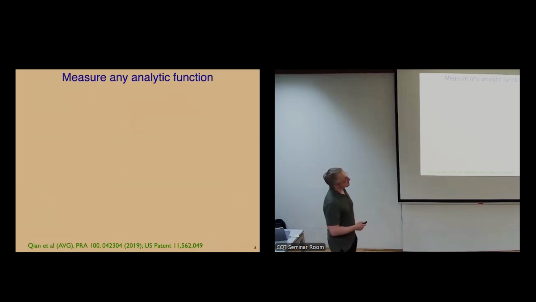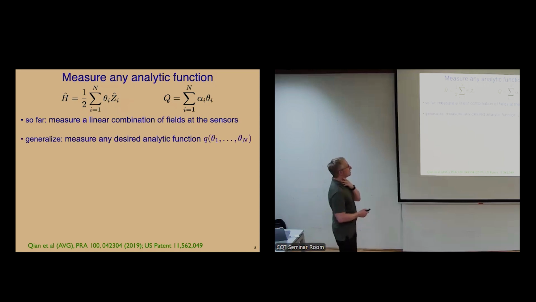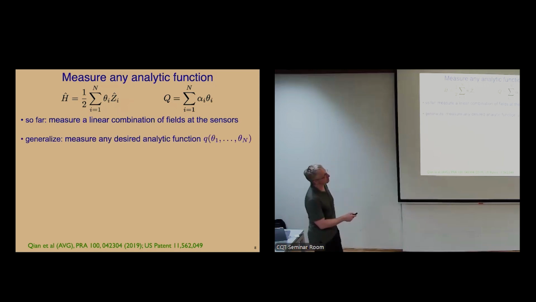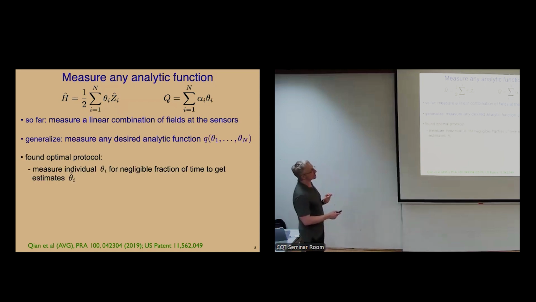It's good. Okay, so another extension that we did after this: so far we measured a linear combination, but suppose you want to generalize and measure any desired analytic function q of theta 1 through theta n. The optimum protocol in this case is very simple. You first measure individual theta i without using entanglement for some negligible fraction of the total time.